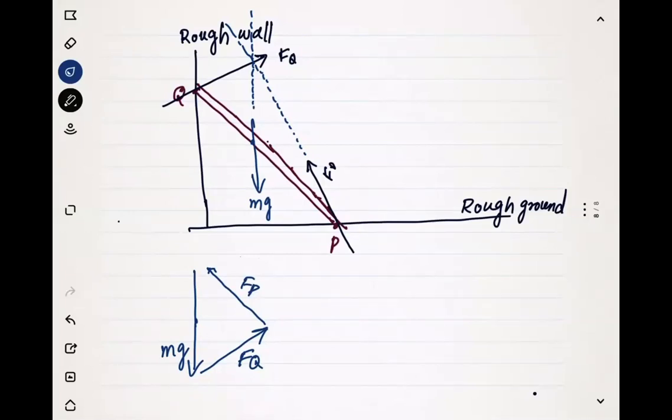If they are passing through the common intersection, then our conclusion would be about the three forces.